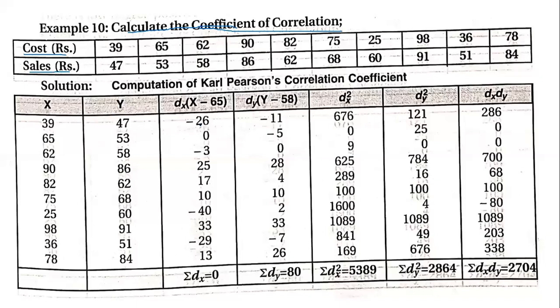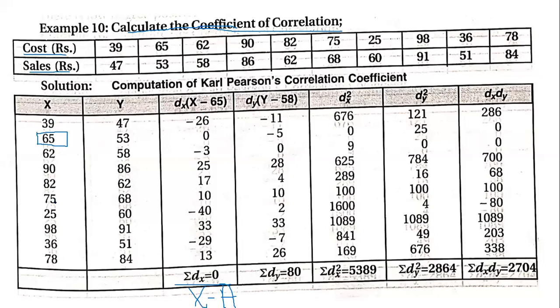The first important value to find is the summation of dx. How do you find dx? dx is x minus a, where a is the assumed mean. Assumed mean can be considered from the x value. Again here they have considered 65. As I told you, any value from x can be considered as assumed mean.